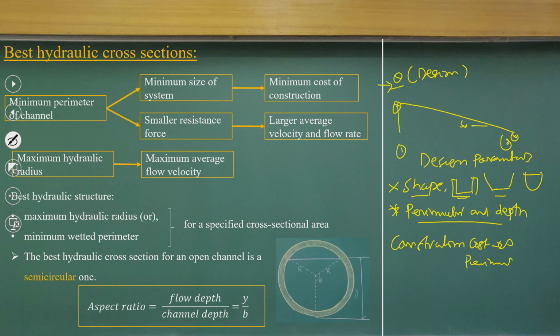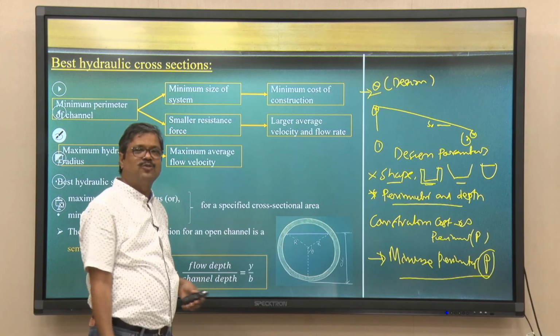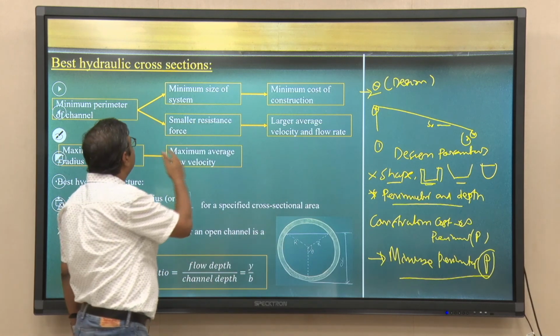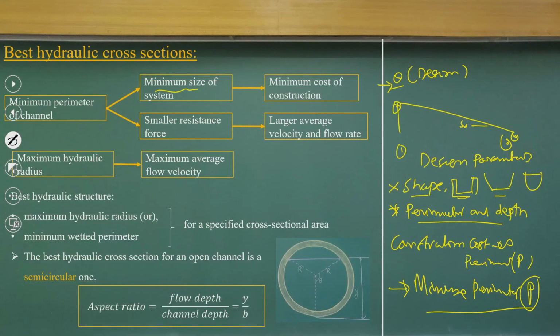So, that is the reason we look at the perimeter P and try to minimize the perimeter P, because the initial cost will reduce. With minimum P, the cost will be less, because the length is more or less the same. So, if you look at that, the minimum size of the system is the minimum cost of construction.